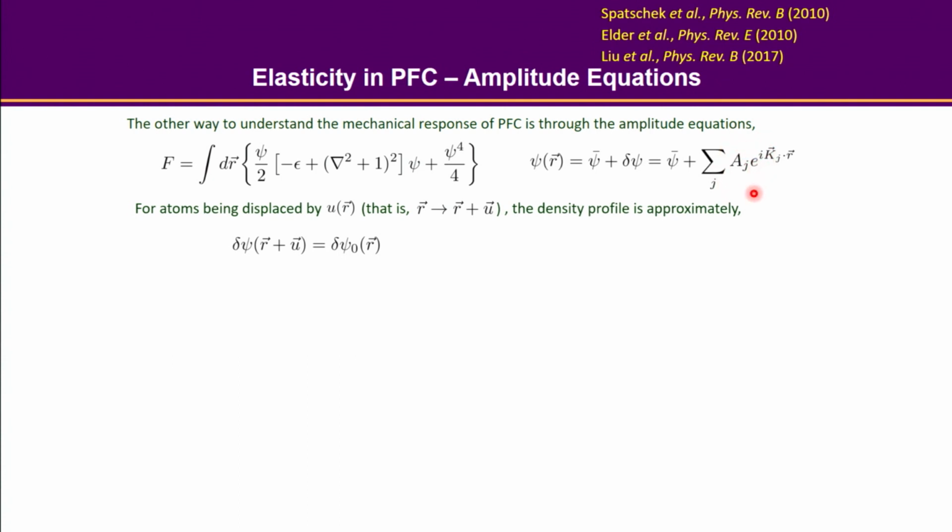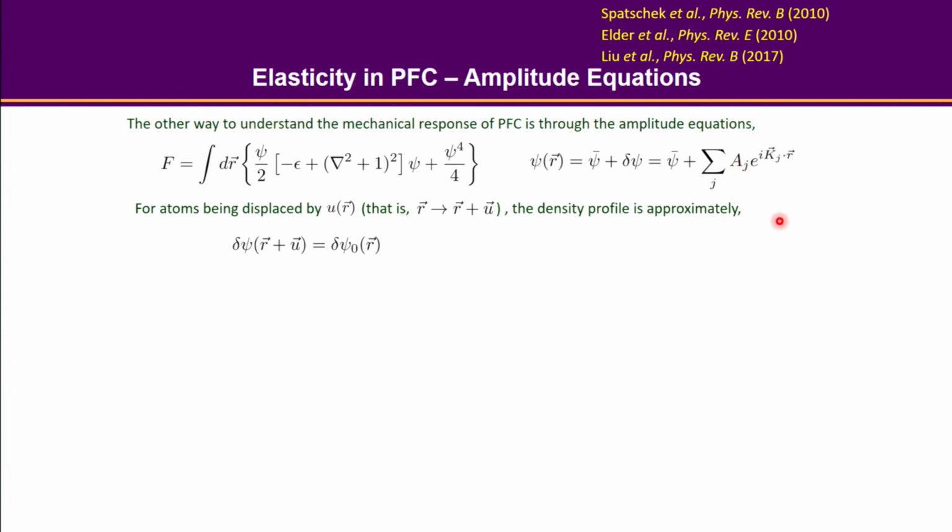Because you can separate this Aj into its magnitude and its phase. A is a complex number. If the phase of A can change over space, you are expecting a term like exponential i phi, and phi can vary across space. So I can combine that exponential i phi with this exponential i k dot r, right?